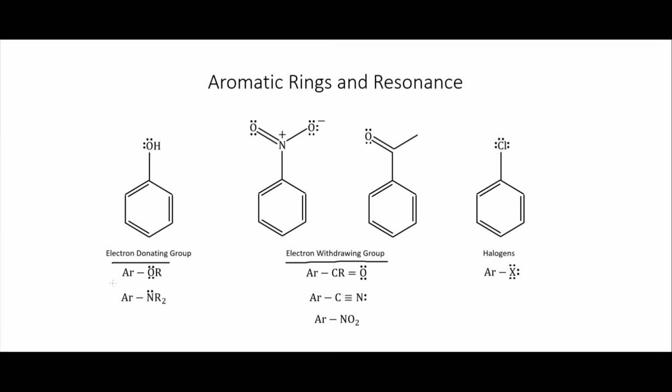Electron donating groups will have the aromatic ring, then maybe an ether, or an amine of some kind. The electron withdrawing groups usually have something with double bonds in it, like this carbonyl, or this cyano group, or this nitro group right here. There are also the halogens we can put on it. Those have a little bit different of an effect. Again, we will talk more about that in future videos.